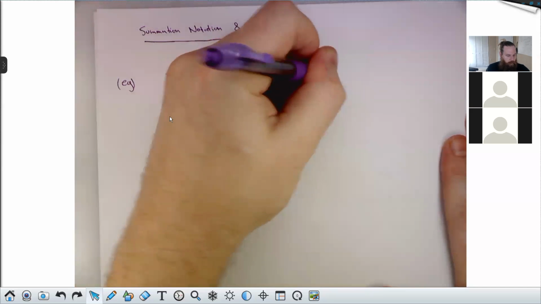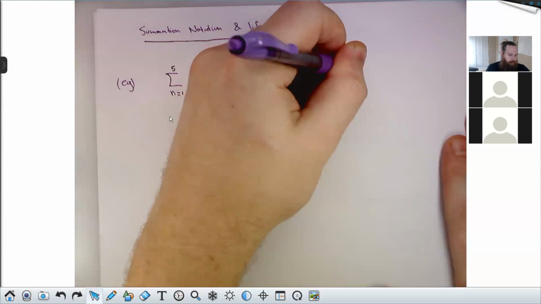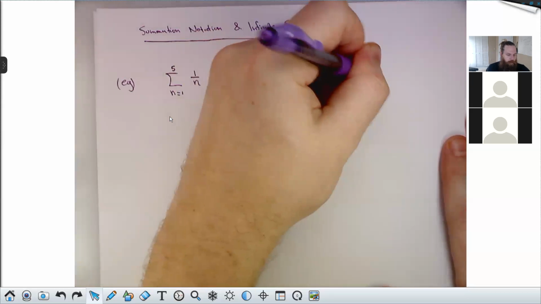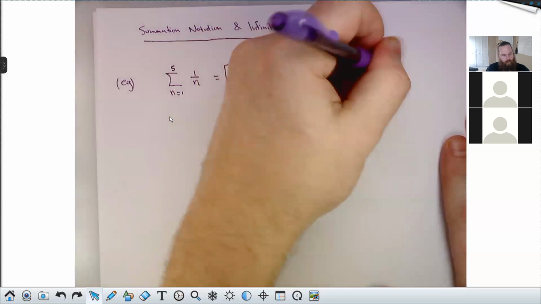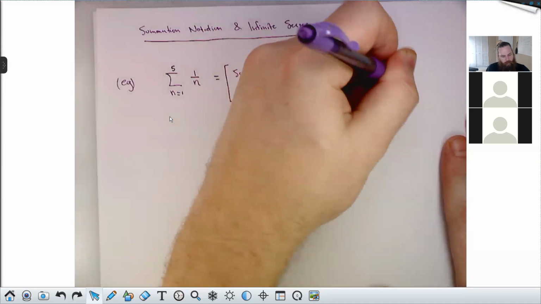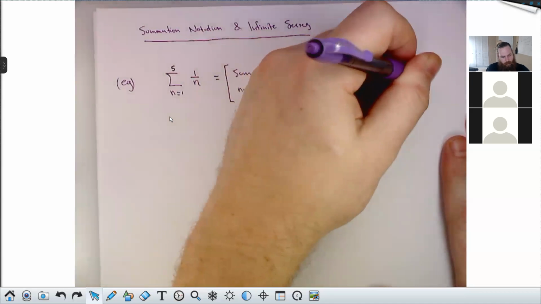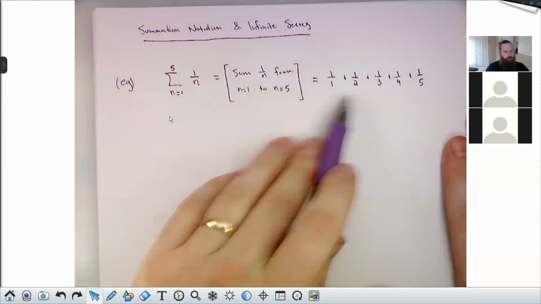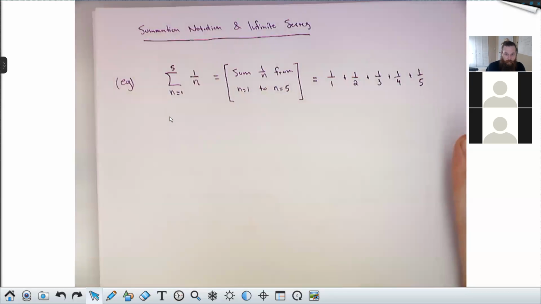So that's 1 over 1 plus 1 over 2 plus 1 over 3 plus 1 over 4 plus 1 over 5. And if I want to figure out what this is, I can find a common denominator and add it all up. This is called summation notation.